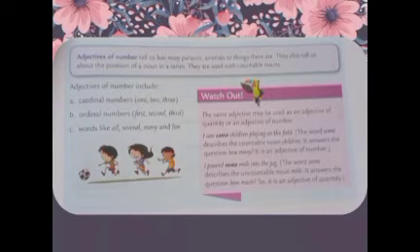Okay, next. Those boys are my friends. So, who are your friends? Those boys. We are showing them. So we are pointing them out. Those boys are my friends. So those is a demonstrative adjective because we are showing them, pointing them out.